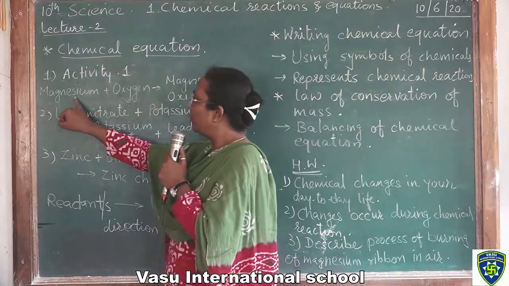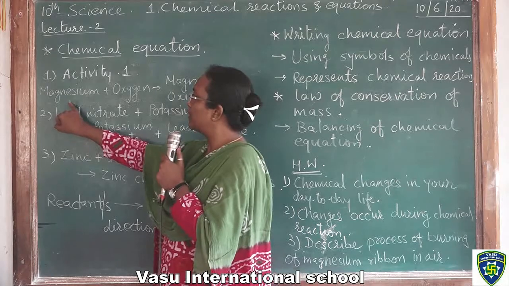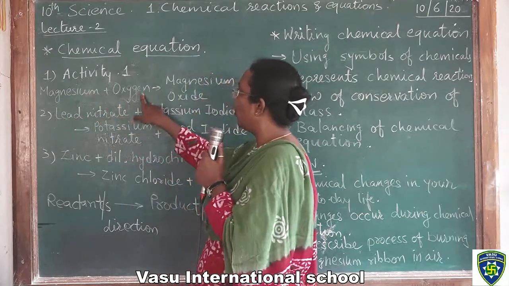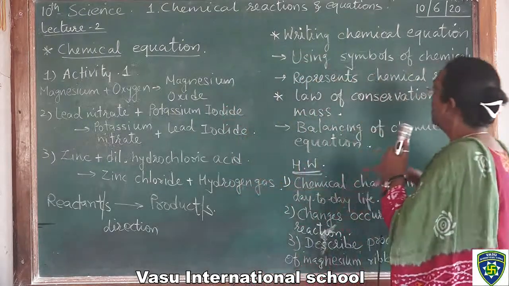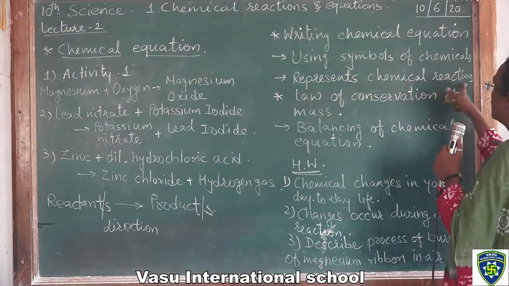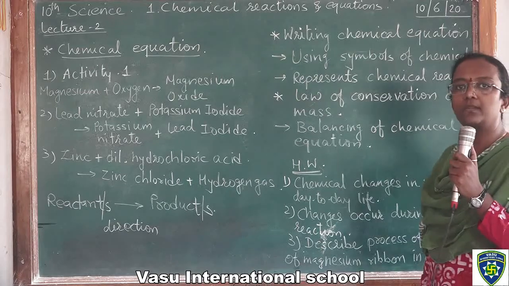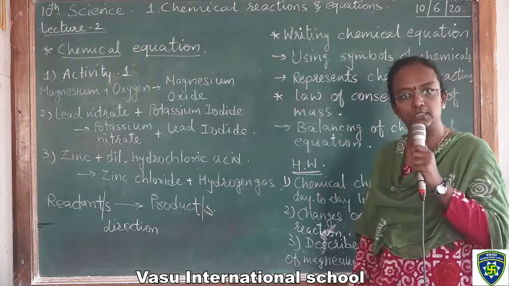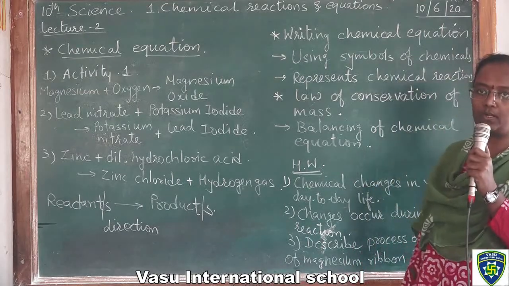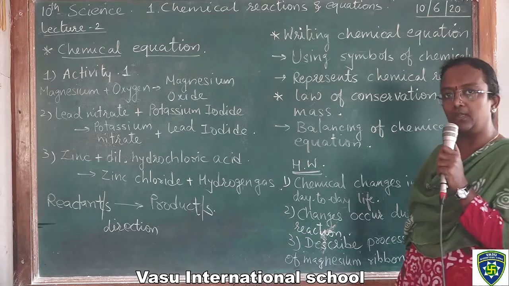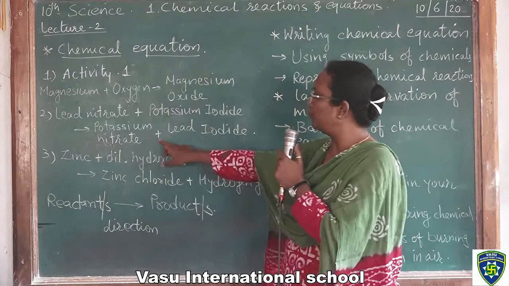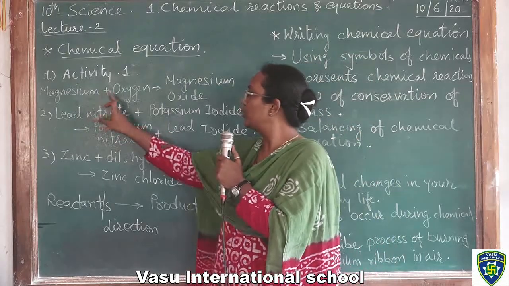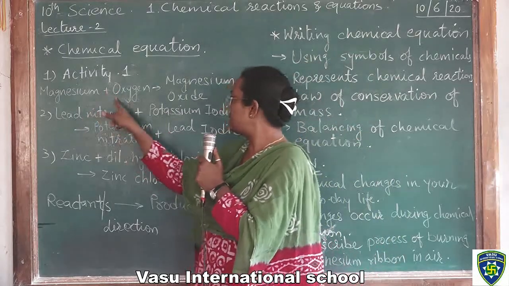Like instead of magnesium, you can write Mg plus O gives MgO, right? Whenever you are writing chemical reactions, if reactants and products are more than 1, a plus sign is added on both sides to separate the reactants and products.